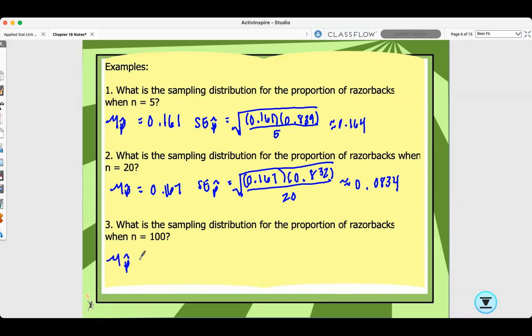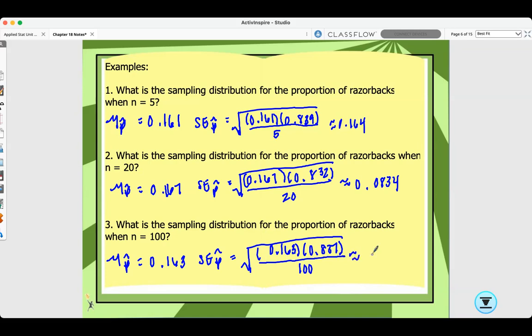And then as I increase n, I get 0.163. My standard error, as you notice, is going down, so it should go down as I increase my sample size. I have 0.163 times 0.837 all divided by n, and in this case, it was increased to 100, and that equals 0.0369.